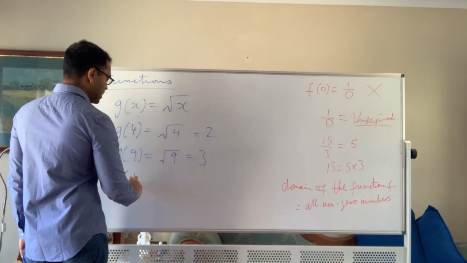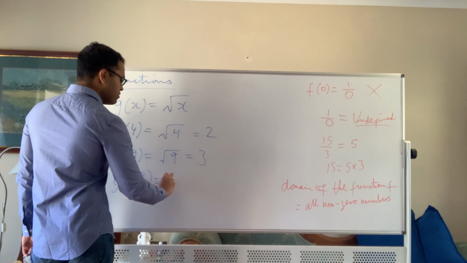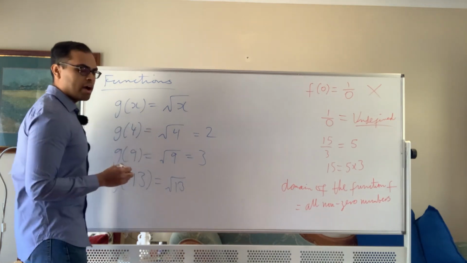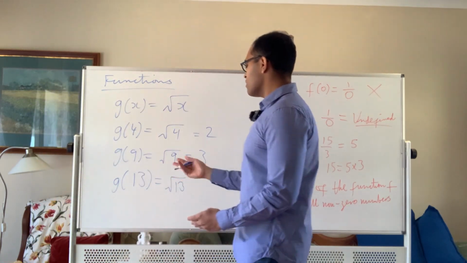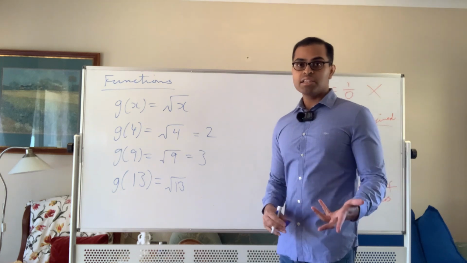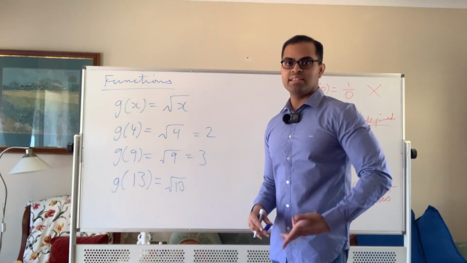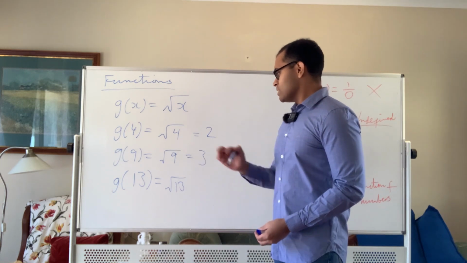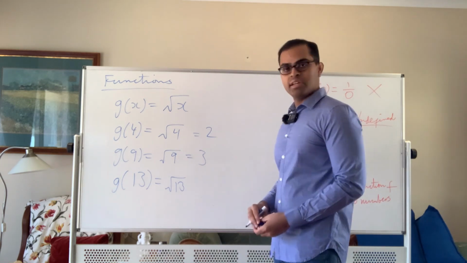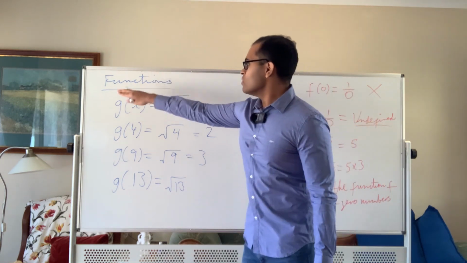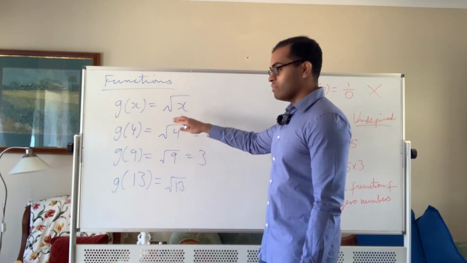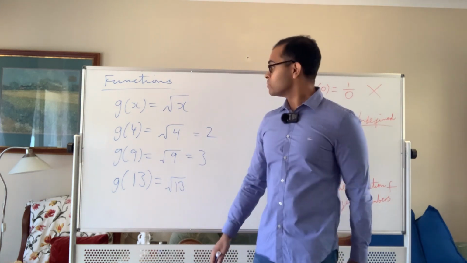If you have something like 13, I would just leave the answer as the square root of 13. You can write that out as a decimal, but it's an irrational number. The decimal never repeats and doesn't terminate. So the best answer you can write is just the square root of 13. This one rule describes a whole array of information. That's the cool thing about functions.